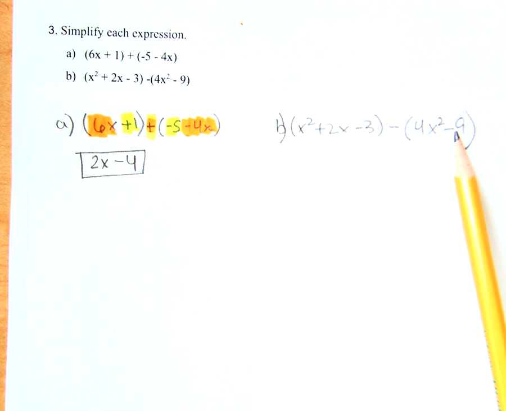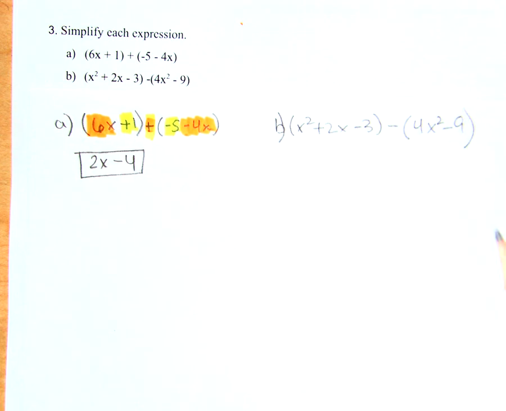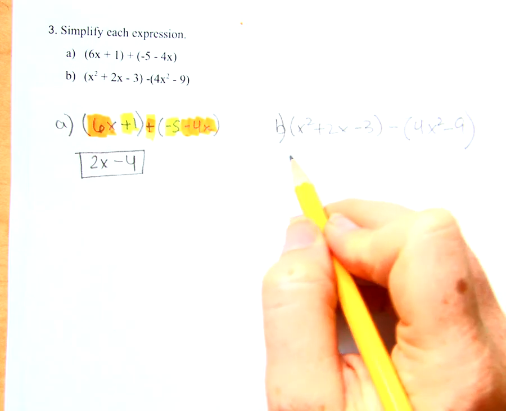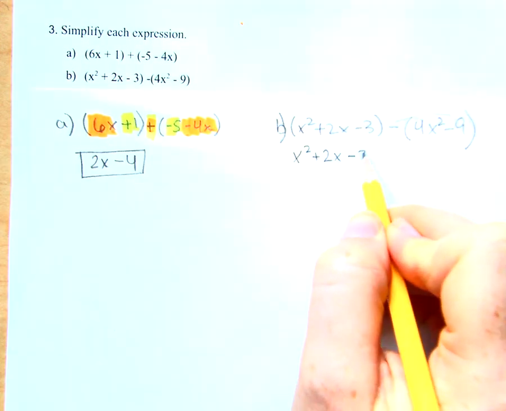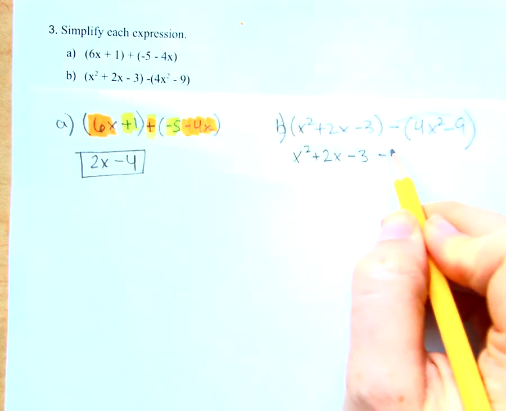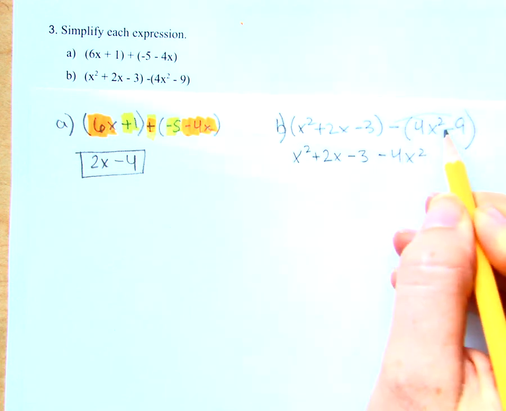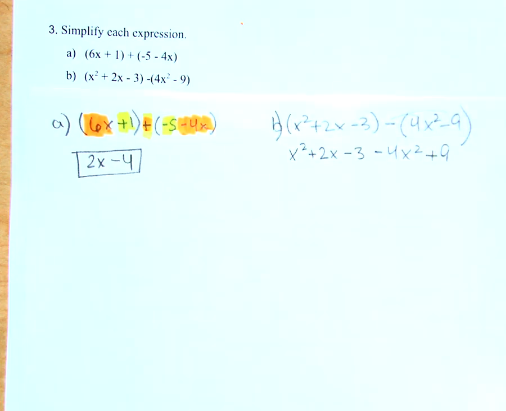We can also just think about taking away, right? But I'm going to do that method where it's like, okay, let's just distribute this negative and drop the parentheses. So that would be x squared plus 2x minus 3 minus 4x squared minus negative 9. By the way, minus and negative becomes plus, and you can see those two change signs there.